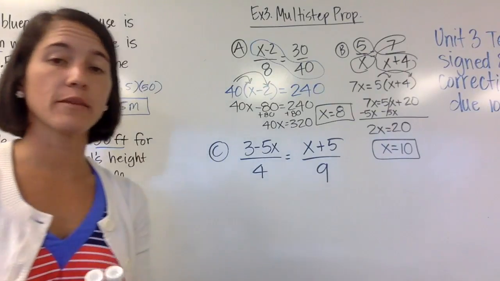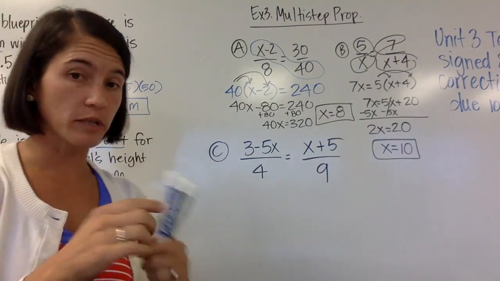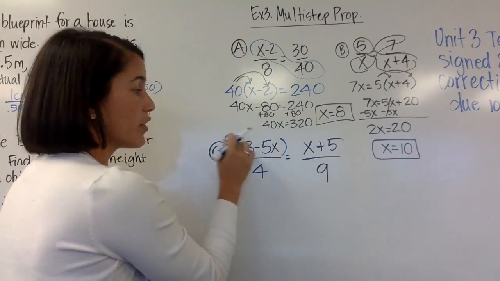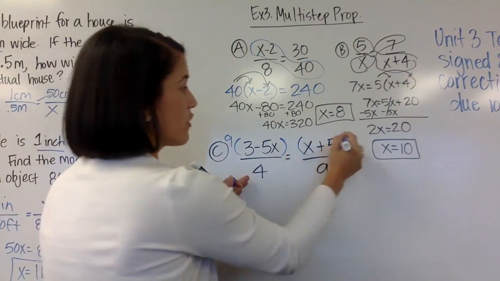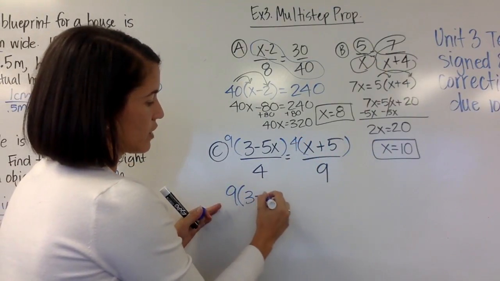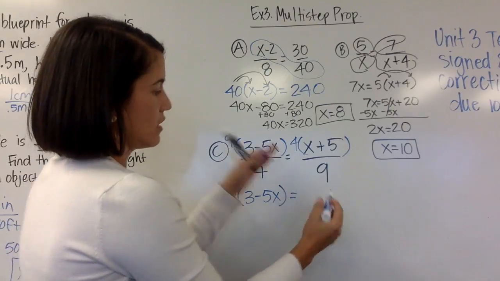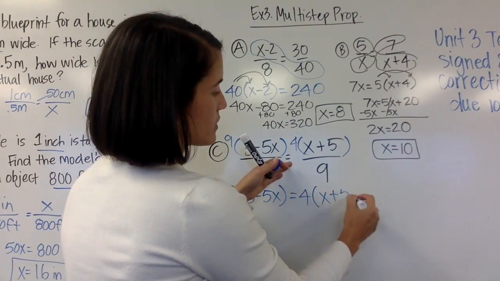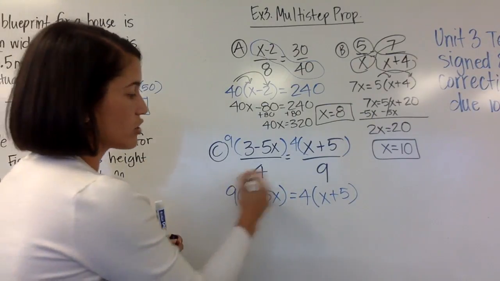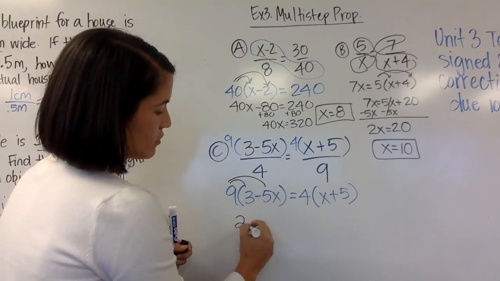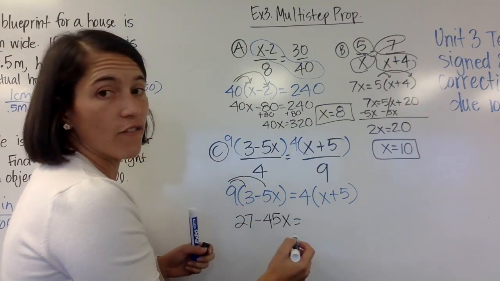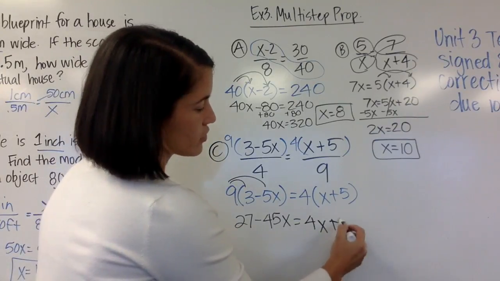All right, so let me show you C. I'm going to show you one more. We're going to cross multiply. So I'm going to say 9 times this whole thing and 4 times that whole thing. So 9 times 3 minus 5x equals 4 times x plus 5. I've done the cross product. Now I'm going to distribute. 27 minus 45x, 4x plus 20.